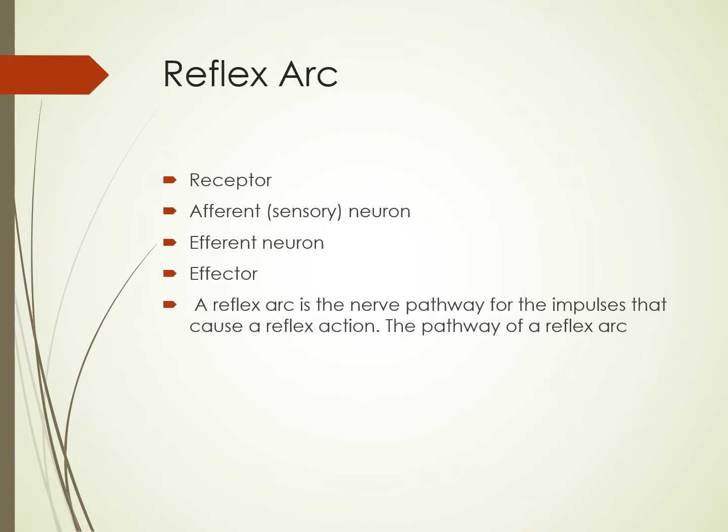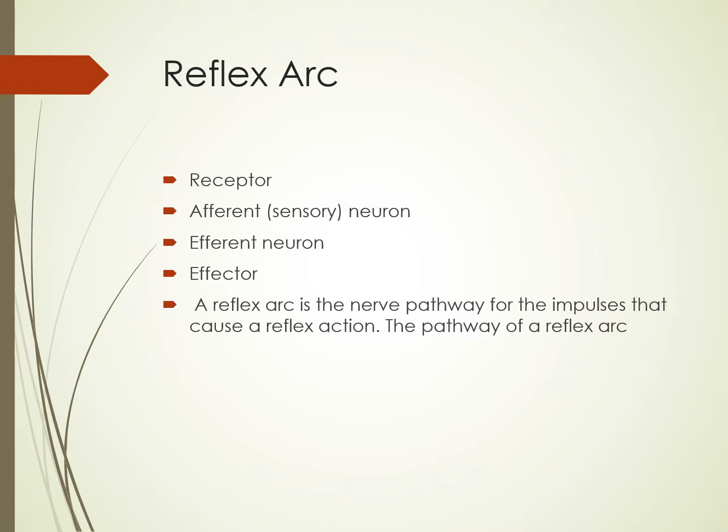The reflex arc consists of a receptor, an afferent and efferent neuron, and an effector. A reflex arc is the nerve pathway for the impulses that cause a reflex action. So that's one of the reasons when we're doing physical assessment, we check for reflexes.